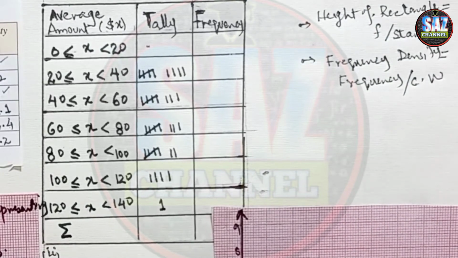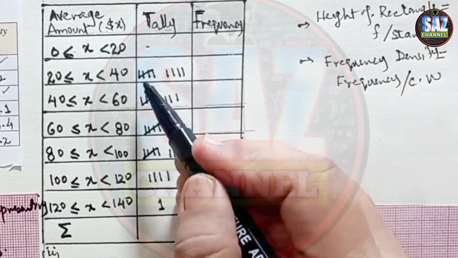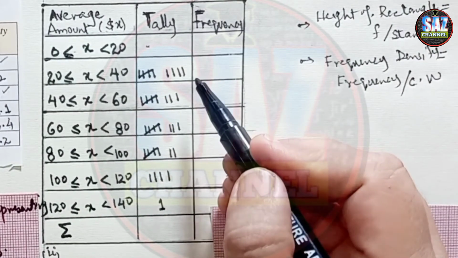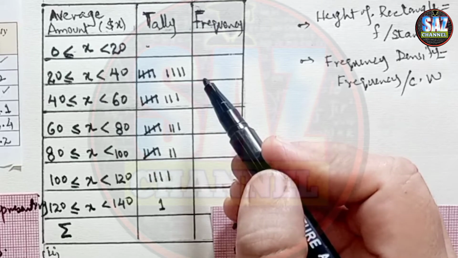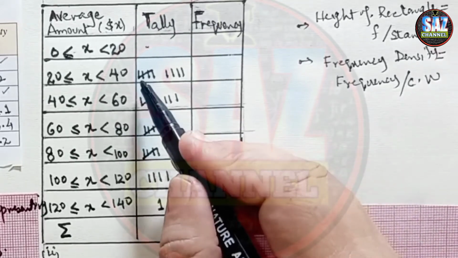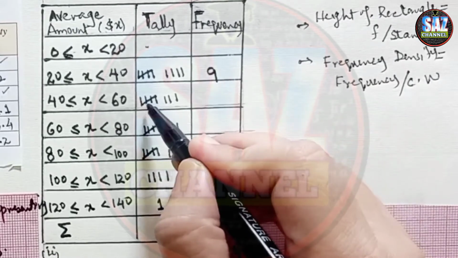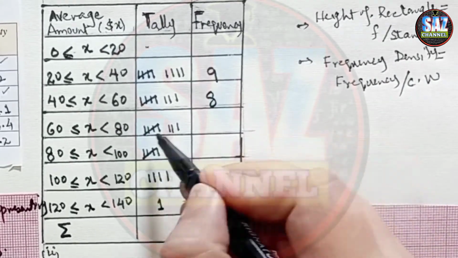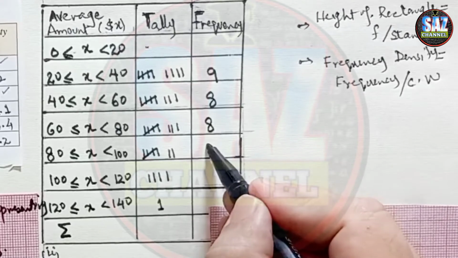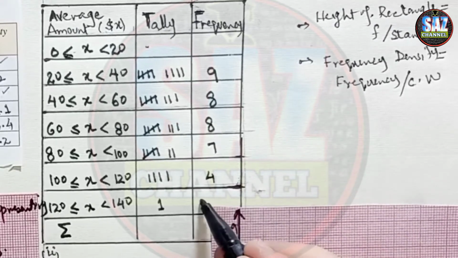So first of all, whatever tallies are given by the examiner, we have to add them up and see what number comes. This is 5 plus 4 is 9, then 5 plus 3 is 8, 5 plus 3 is 8, 5 plus 2 is 7, 4 and 1.